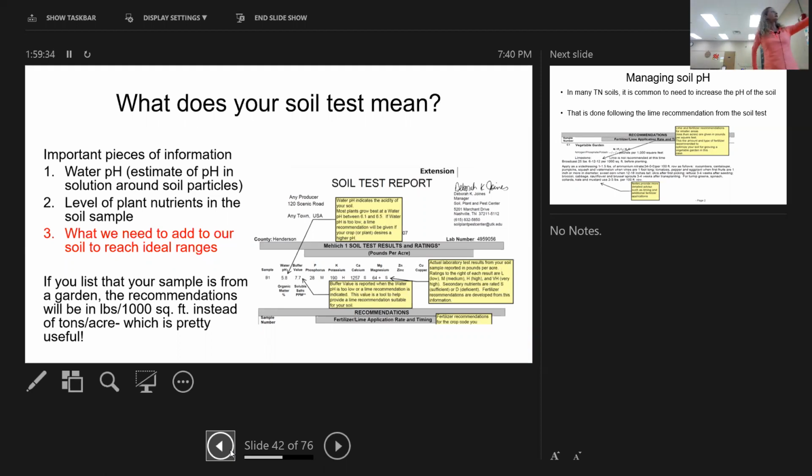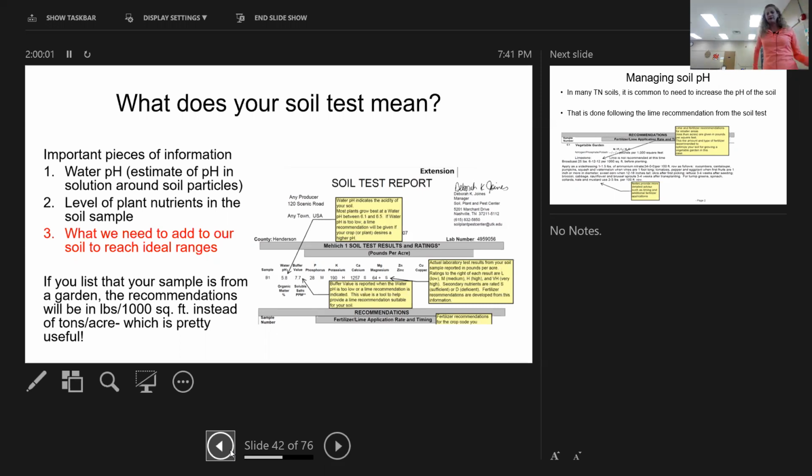We're going to show the water pH and the buffer value. The buffer value just tells you how much lime you're going to need to change that pH. It's hard to explain. It applies when a lime recommendation is indicated. Your water pH indicates the acidity of your soil.